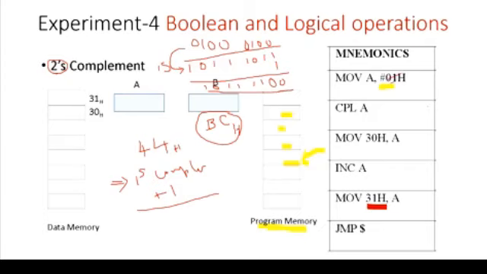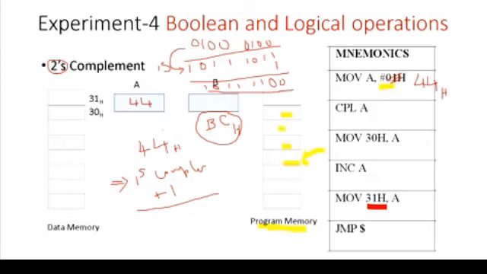I'll take 44 for explanation, instead of 01. The given number now is 44 in hexadecimal format. So 44H is moved to the accumulator. Now, after getting the number, we have done the 1's complement. How do we do the 1's complement?